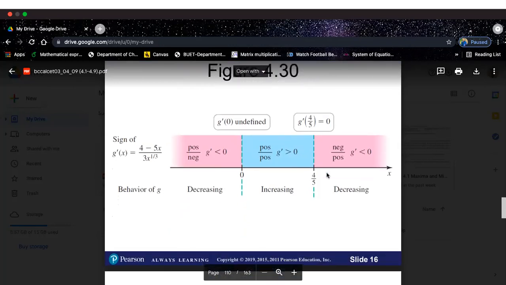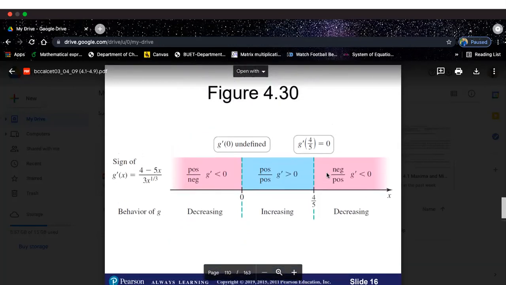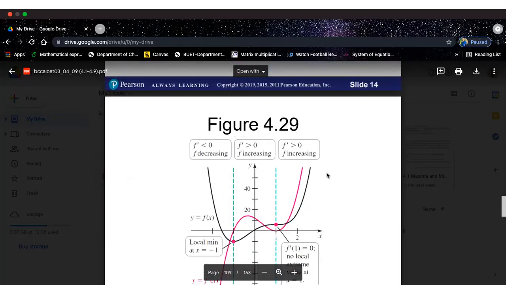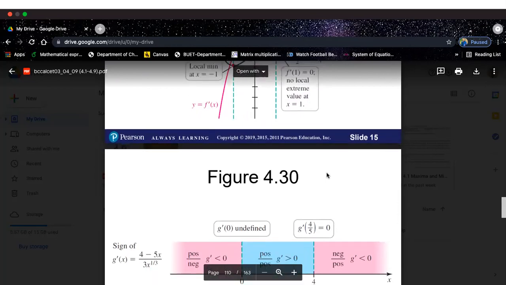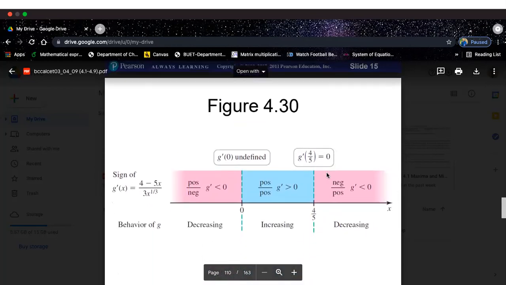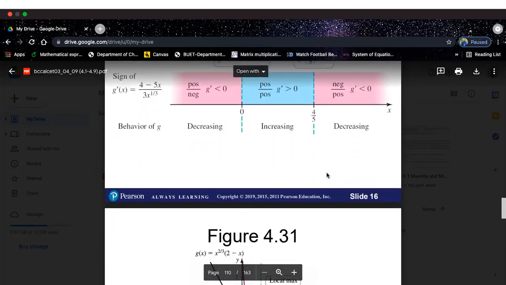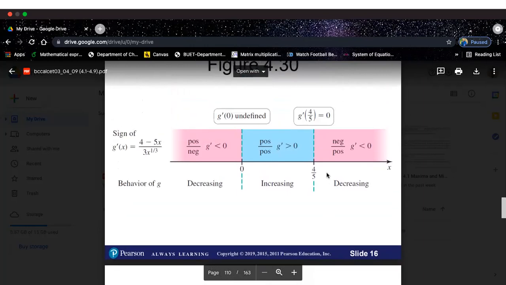Okay, let's see what happens when you have a fraction, because dealing with fractions is often tricky, right? Let's see what we can do. So first of all, I'll ask the same question. If this expression is given as the first derivative, can you calculate the critical points for me?